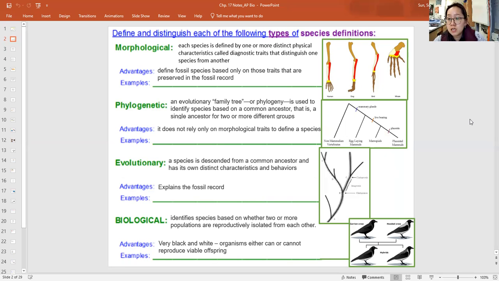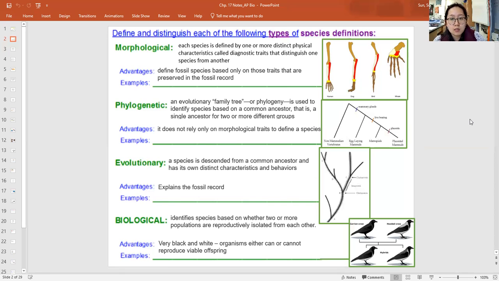And so then speciation happens, and what was originally one species now branches into 2 different species, whether because of geographic isolation or reproductive isolation, as you can see in the example on the right. The advantage of the evolutionary species definition is that it can help you explain the fossil record, because we have the record of what organisms looked like throughout time as you go through the layers, or strata, of rock below the Earth's surface.